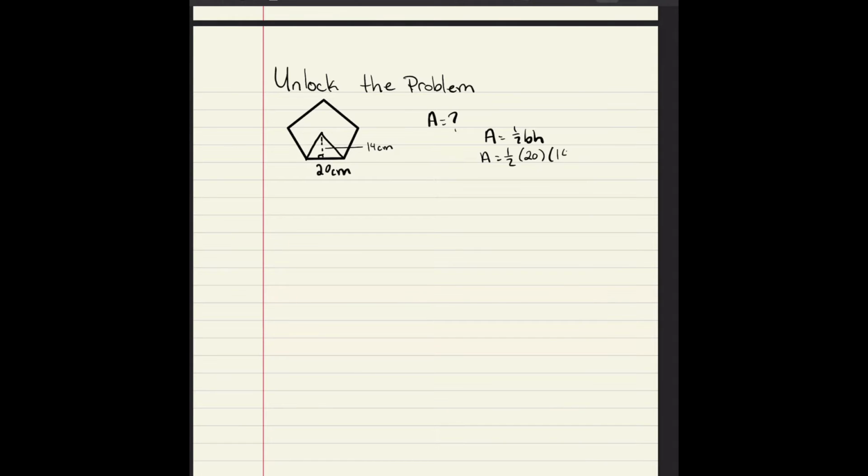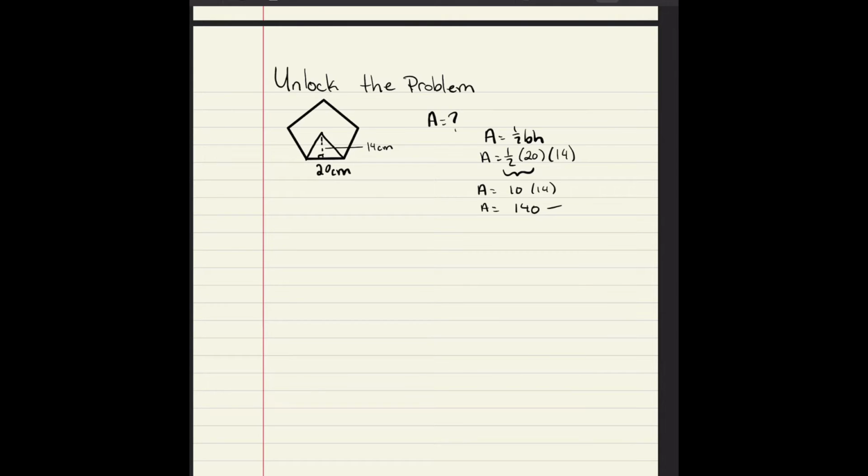My base is 20 and my height is 14. Now I'm going to solve as usual. So I think it'd be easier to divide this by 2 first, because multiplying by 1/2 is the same as dividing by 2. So I have 10 here, because 20 divided by 2 is 10, times 14.